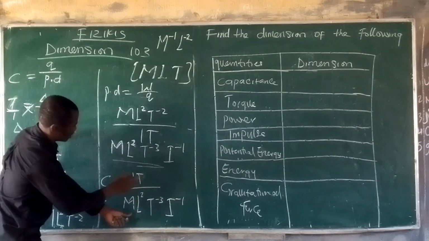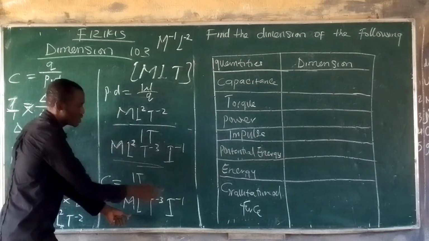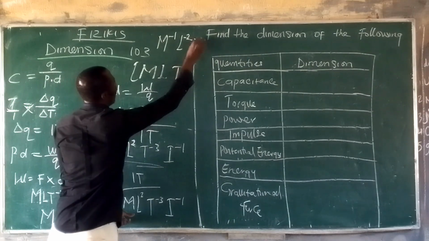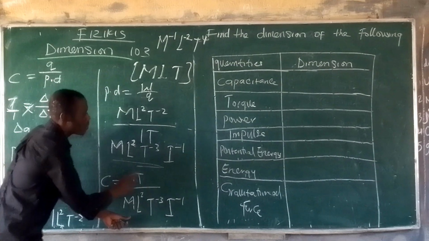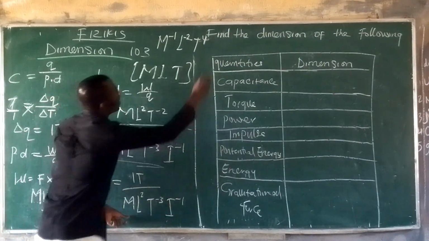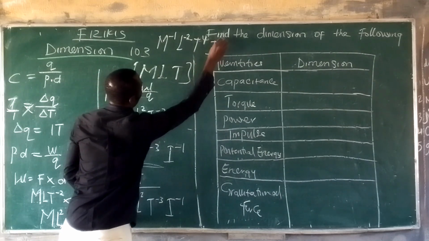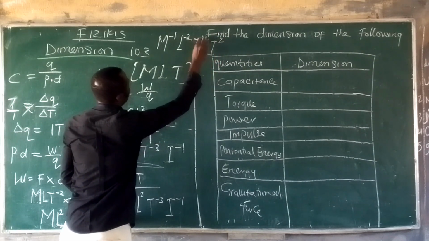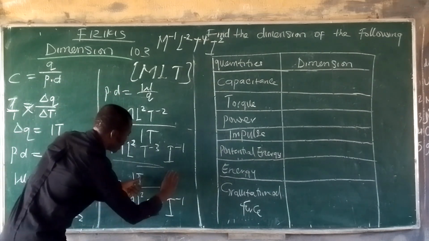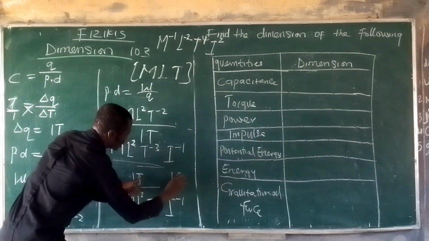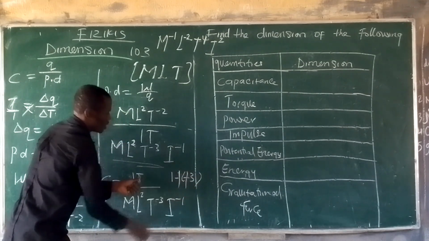Now this is T minus 1 minus 3, that will give me 4. And then I have that I, 1 minus 1, that will give me that I is equal to the power of 2. Let me explain to you what it means. When I say 1 minus 3, this thing will cancel out, it gives you 4.